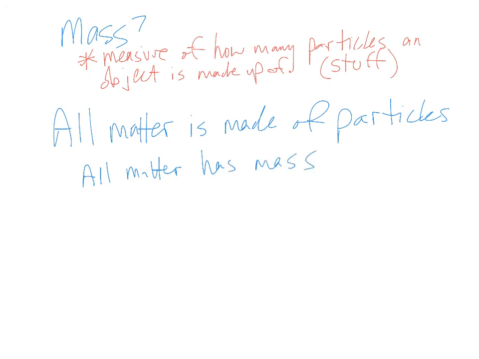Two really big ideas here that hopefully you'll be able to kind of wrap your head around. All right. So what is mass? The measure of how many particles something is made up of, or how much stuff an object is made up of. And secondly, all matter is made of particles, which therefore means that all matter has mass.